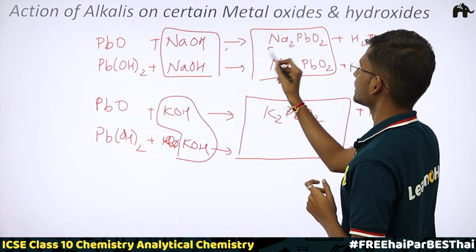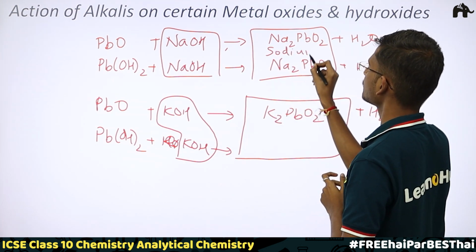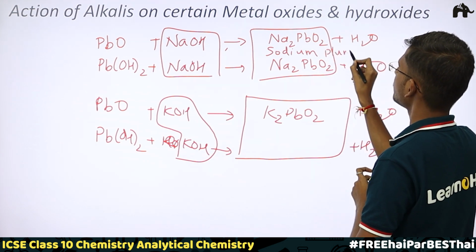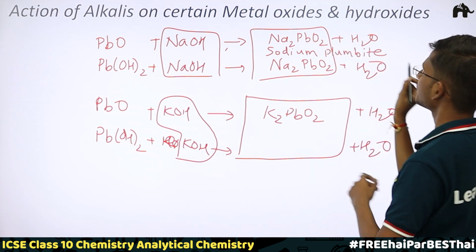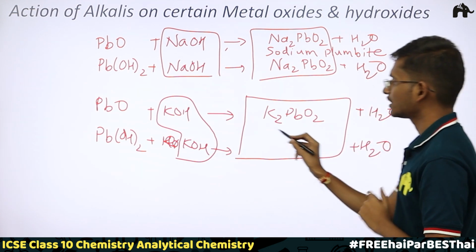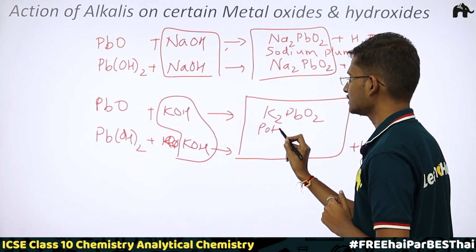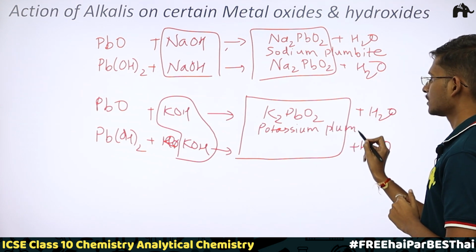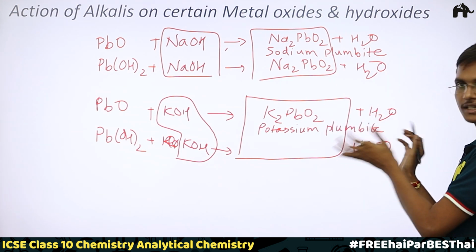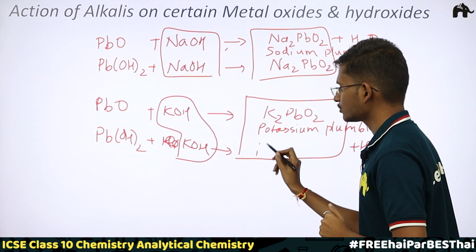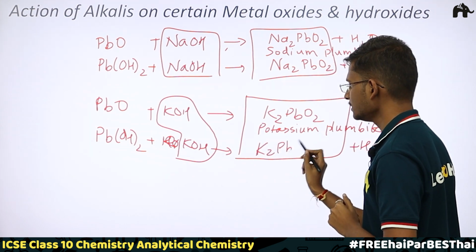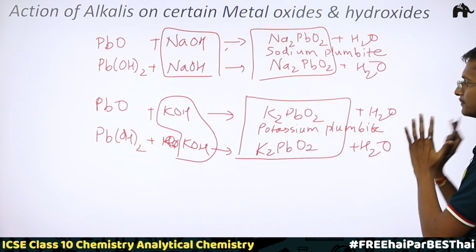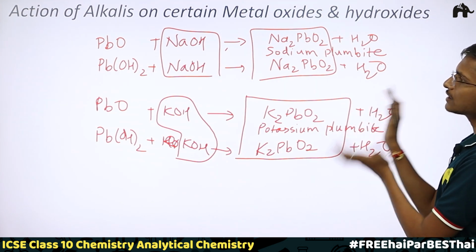I would just write the names to avoid confusion. Sodium plumbite, not plumbate like zincate, plumbite. Here it is potassium plumbite. The formula is of the same type but the name is slightly different, and here also the same salt, K2PbO2. Now the rest you have to do is just balance the reactions.